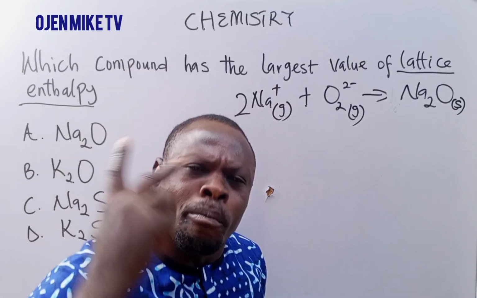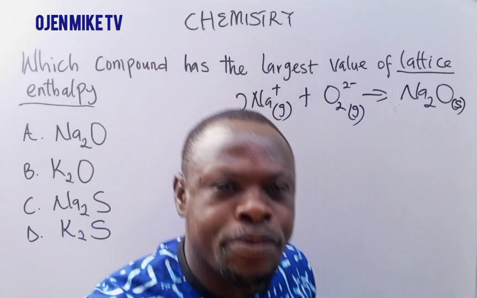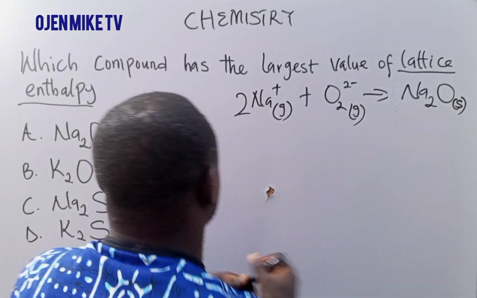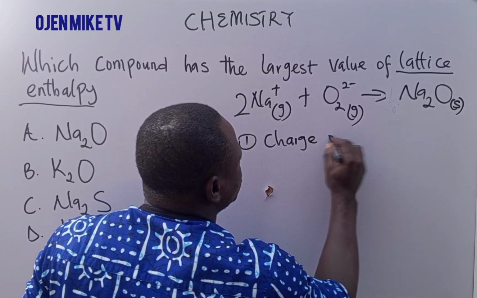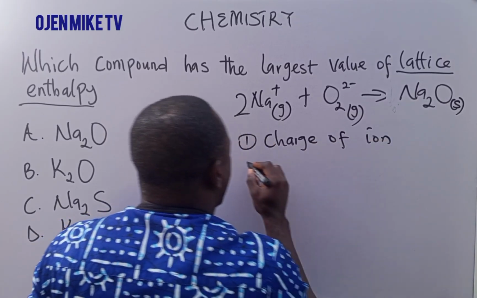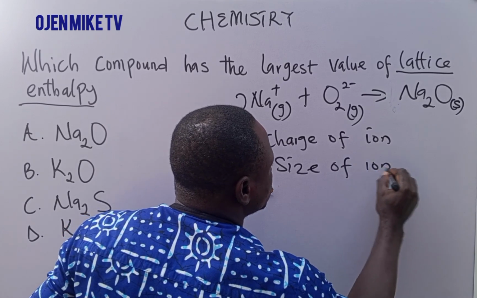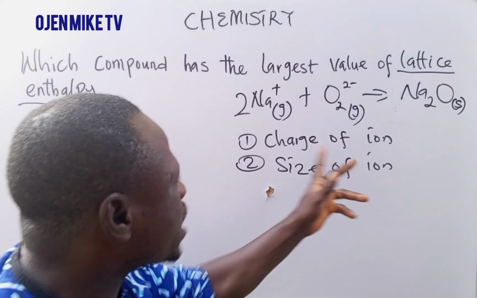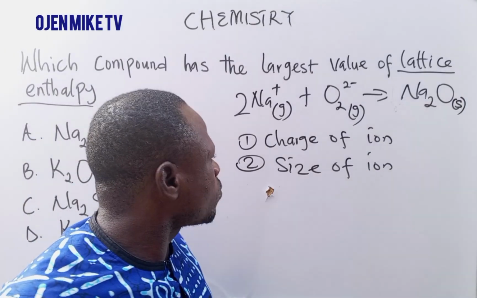Now, there are 2 major factors that affect lattice enthalpy. Number one, the charge of the ion, and number two, the size of the ion. These are the 2 major factors that affect our lattice enthalpy.